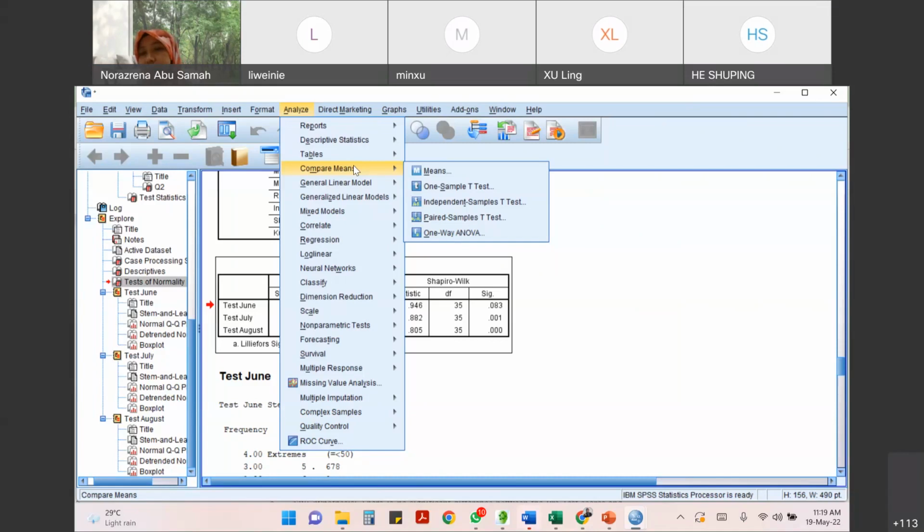If you want to find how the relationship between A and B varies by C, for example gender, you want to find the relationship between test 1 and test 2 and vary by gender.